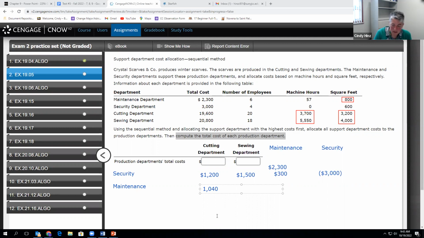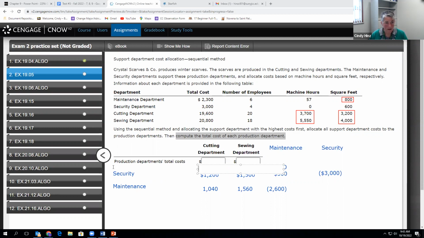So 60% times the $2,600 is $1,560. And if we add those together, 1,040 plus 1,560 is 2,600. And so I can just show that over here, that we have now fully allocated that department as well. All of the cost from the support departments has been allocated to the production departments.